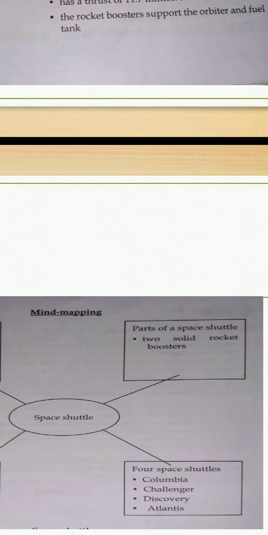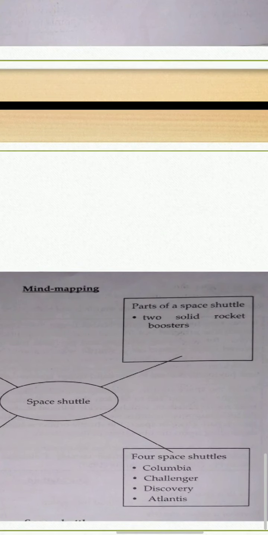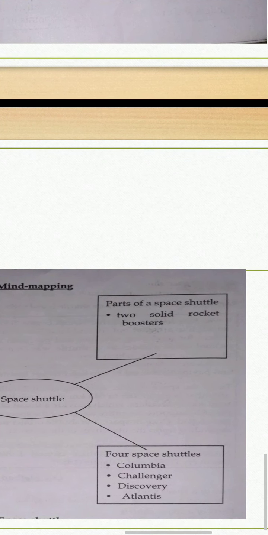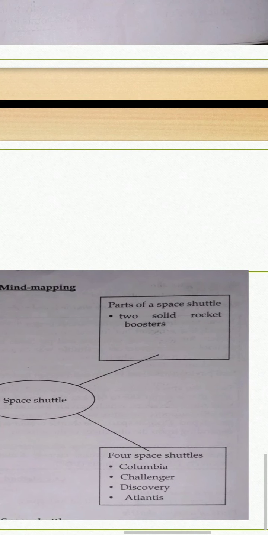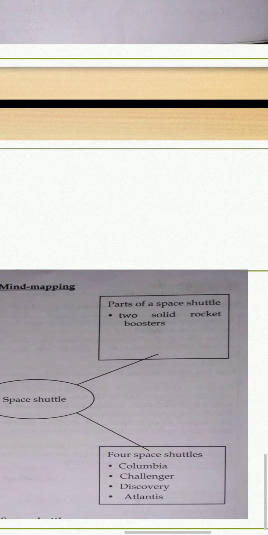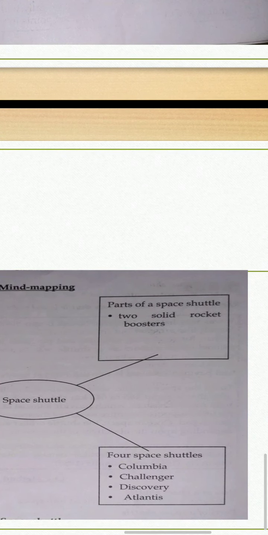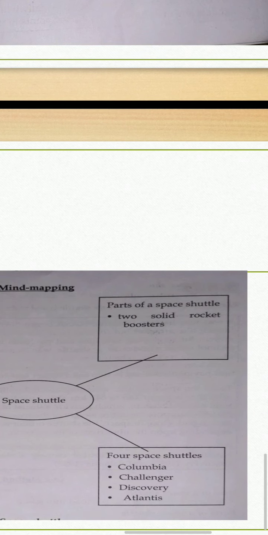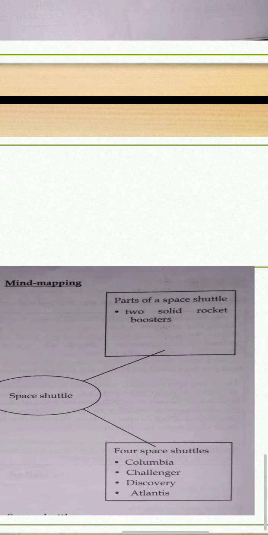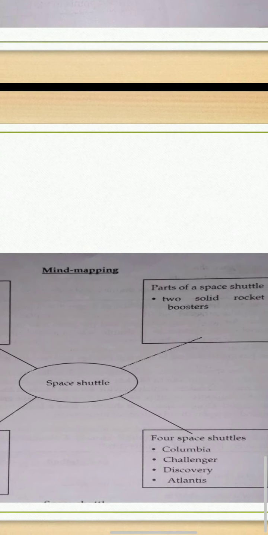Next, downward on the right side, there are four space shuttles: the first is Columbia, the second is Challenger, the third is Discovery, and the fourth is Atlantis.